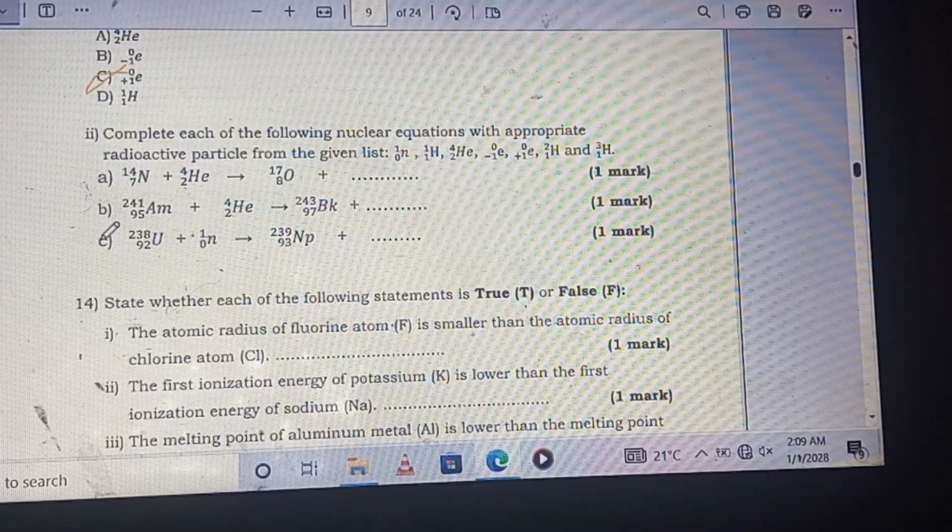B, we have this element reacting with helium to form Bk. What radioactivity do we put here?